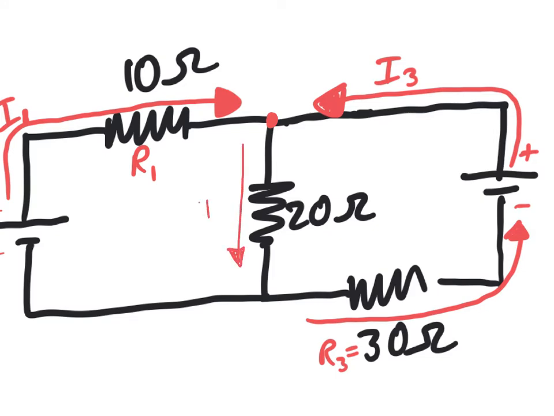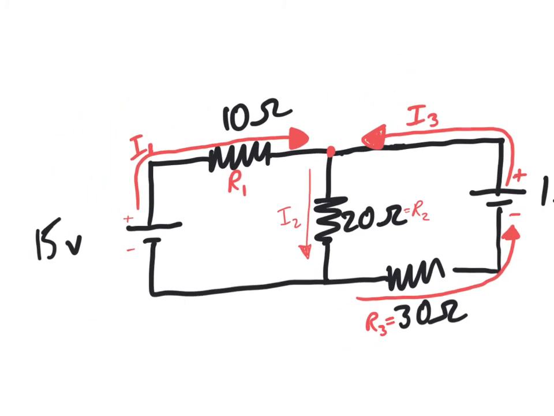That's the direction of I2, which is across resistor 2, the 20 ohm resistor. We now have the direction of the current across all 3 resistors. And we can use that to determine the high sides and the low sides for each resistor.